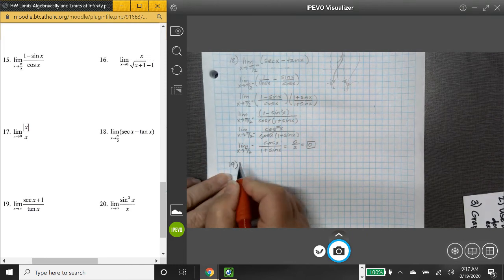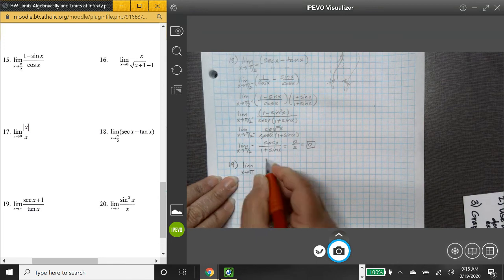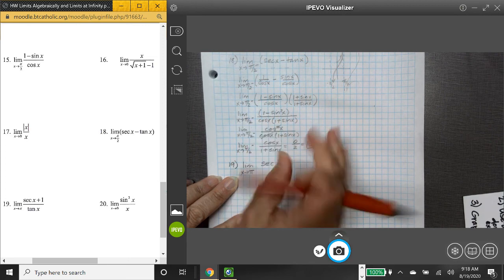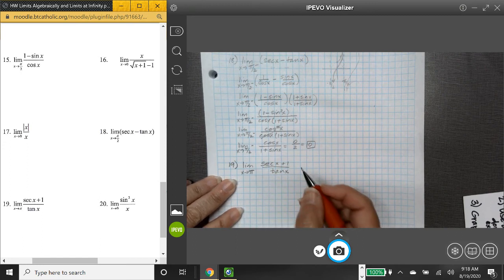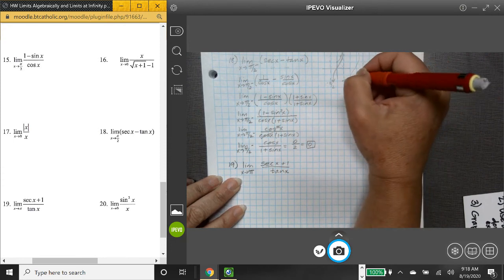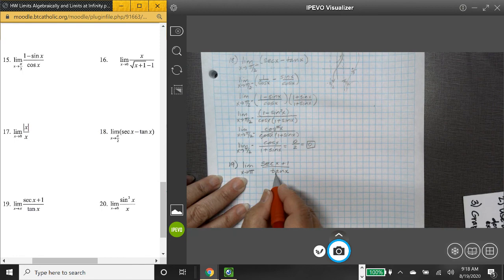All right, 19. The limit as x approaches pi of secant x plus 1 over tangent x. Now the tangent of pi, believe it or not, is 0, so I can't plug it into the denominator.